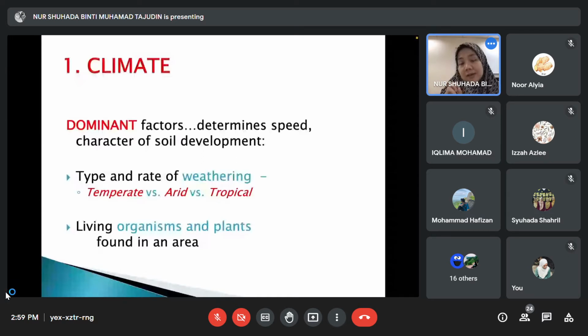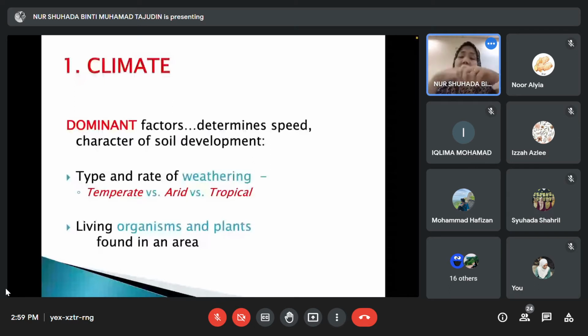Generally, physical weathering. When we talk about the process of soil formation, usually the formation of the soils, we call it a weathering process. So this development of the soil or weathering process is affected by the climate. For example in Malaysia, this is general first, but you have to remember that you have to discuss the factors as interrelated.